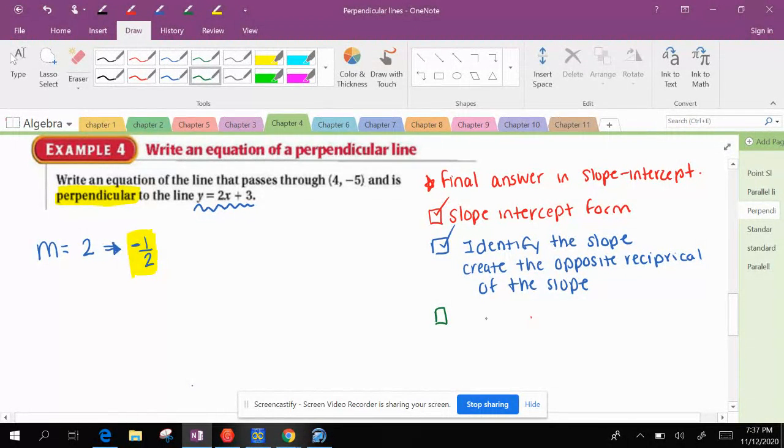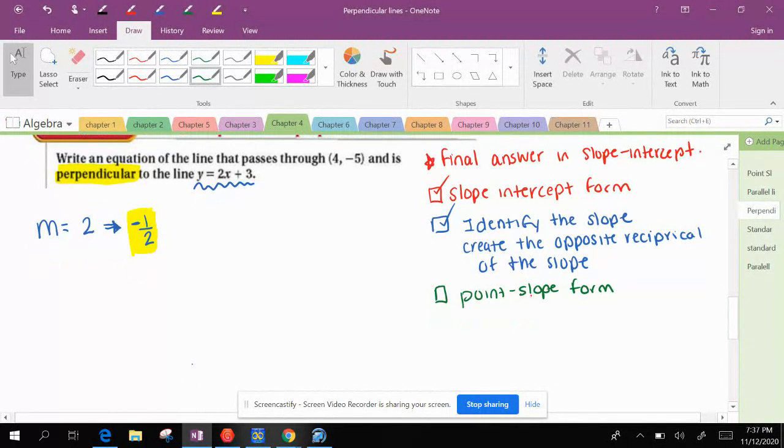The third step on my checklist is now using point slope form. What is point slope form? It is y minus y1 equals m times x minus x1. So I'm going to replace in here my new slope that I found, my y point, and my x point.